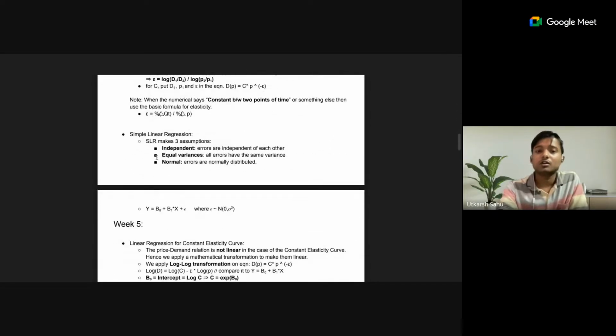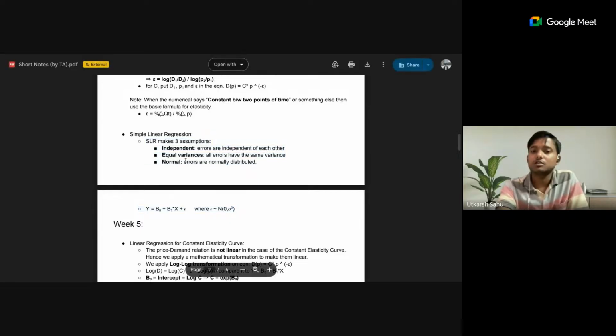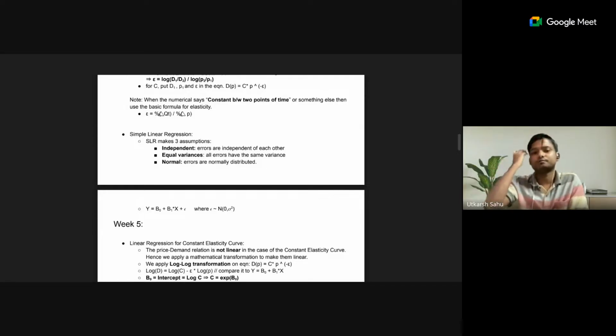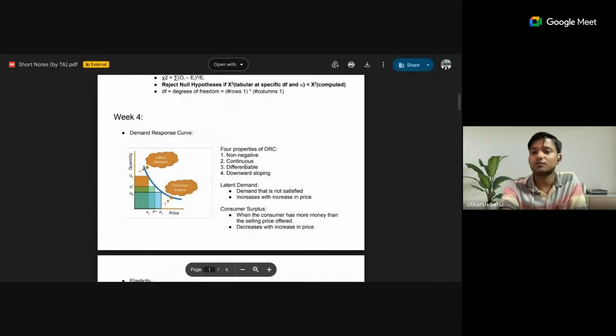Also, small theory questions can come. If they come, you need to remember these facts, not something out of the box. Some assumptions of simple linear regression: errors are independent, errors have equal variance, errors are normally distributed, and homoscedasticity, etc. Theory questions also come on properties of the demand response curve, what is latent demand and all that stuff.